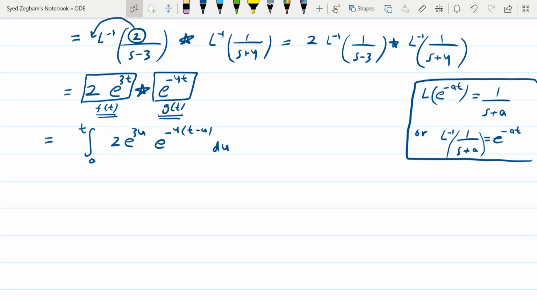Now this is a simple integration problem. Let us complete this. So this becomes the integral from 0 to t of 2 e power 3u e power minus 4t e to the power 4u du.